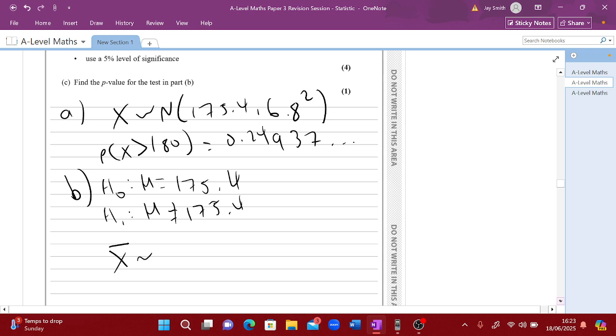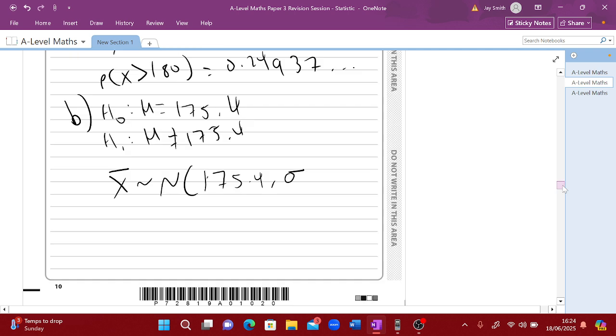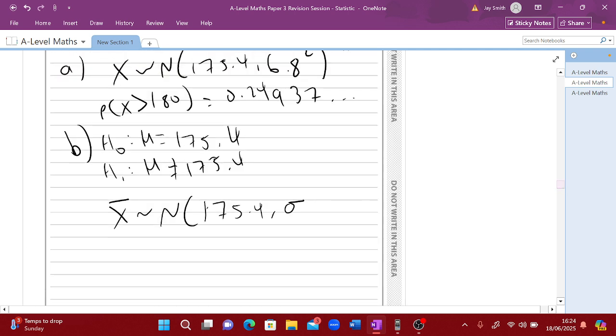So the mean distribution is going to be normal. No, sorry, we're assuming the mean will be the same. It's like the binomial. 175.4, and then the standard deviation will not necessarily now be what it was, 6.8. We want the standard deviation adjusted for the sample, so that's going to be the original standard deviation over n.